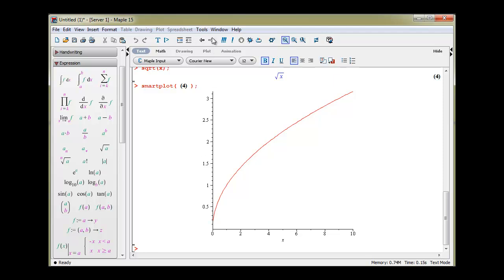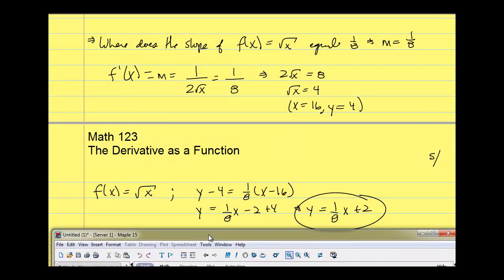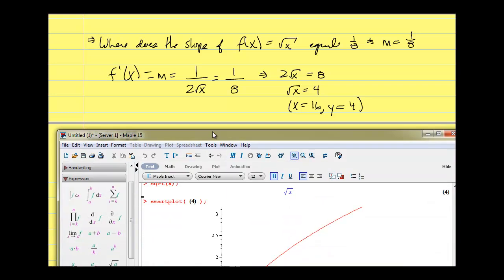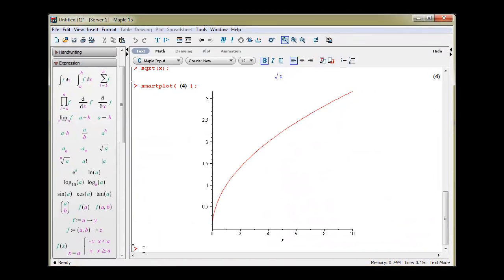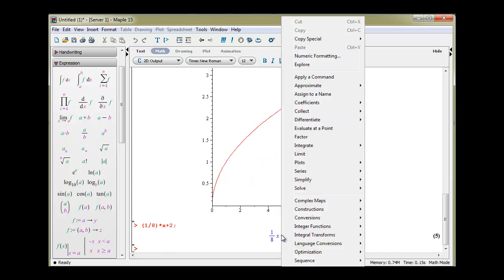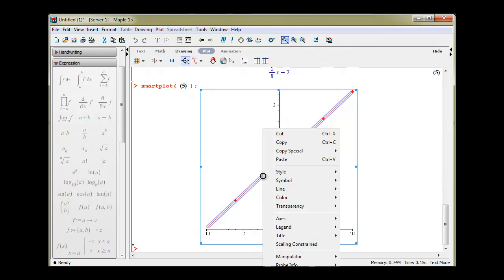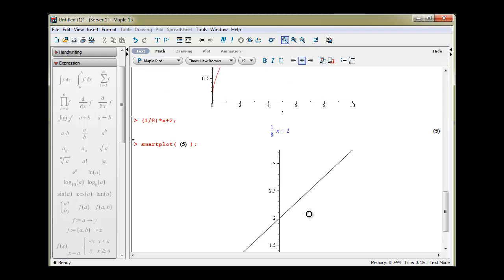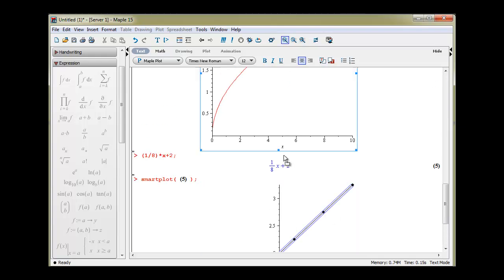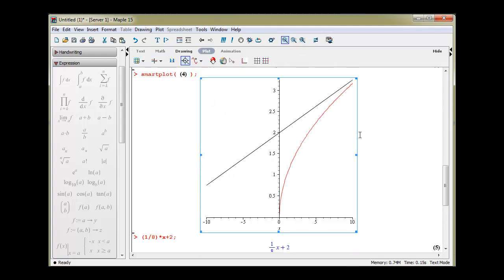And we came up with the equation of the tangent line, 1/8 x plus 2. We want to plot this. Again, I want to change the color of this so it's comparable, so I can remember which is which. And I'm going to drag and drop this one over here.